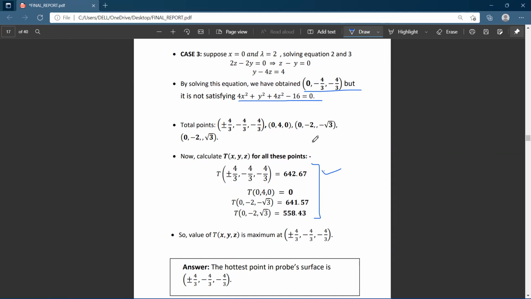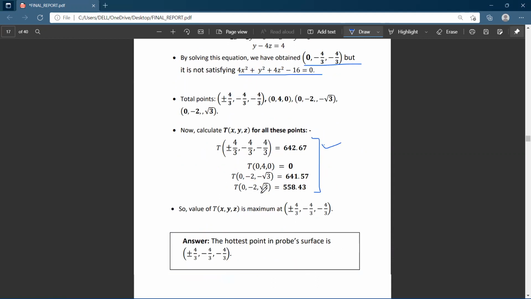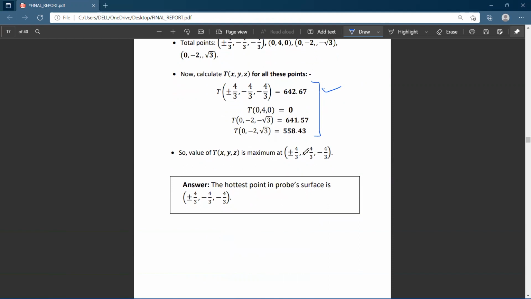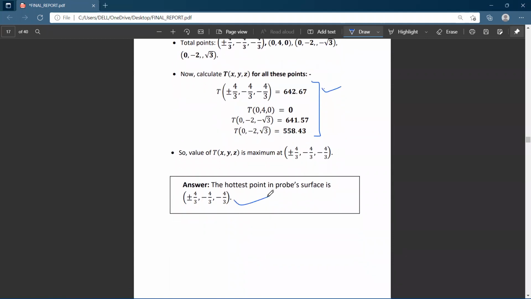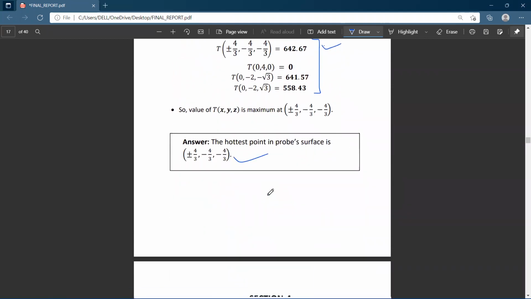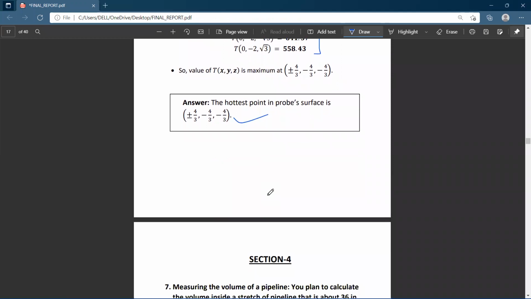So the temperature is maximum at the point plus or minus 4/3, minus 4/3 and minus 4/3. So this is the answer for question 6 of section 3.